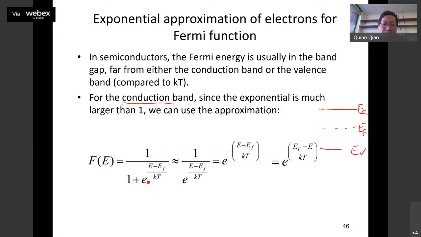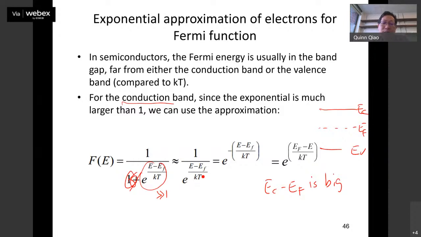Since this is an exponential, when EC minus EF is big, and the half band gap is pretty big, this exponential term is much bigger than 1. So you can get rid of the 1, and what stays is 1 over exponential of (E minus EF) over kT.